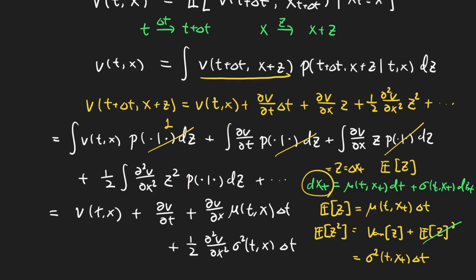And for the left-hand side, we have v of t and x. Okay, I think I missed a delta t in here, because if you look at the Taylor expansion, we have the delta t term that I forgot to add.